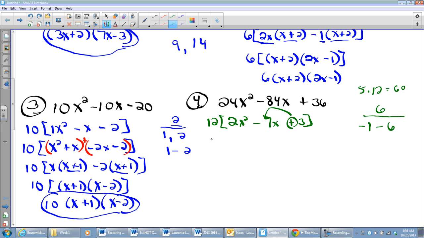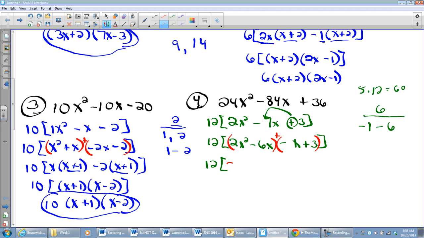So I'm going to write 12, 2x squared, minus 6, x minus 1, x plus 3. Okay, so I'm going to have 12. Time to group. Got to stick that plus sign in there.